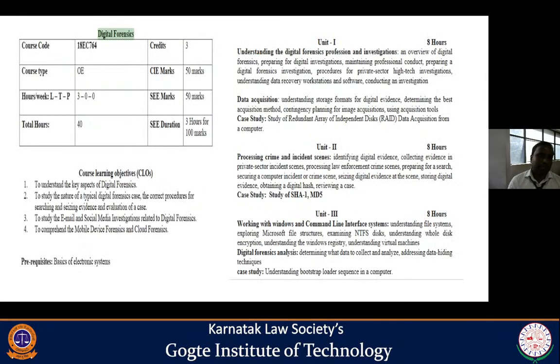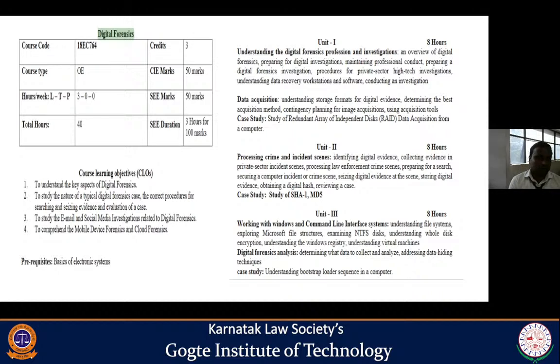Now you can see, as per our KLS GIT syllabus, digital forensics is a three credit course, with 50 marks for CIE and 50 marks for SEE, 3 hours. The main course learning objective is to understand the key aspects of digital forensics.